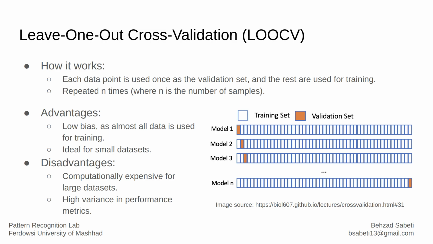This process is repeated n times, where n is the number of samples. The advantage of LOOCV is that it uses almost all the data for training, resulting in low bias. However, it's computationally expensive for large datasets and can have high variance in performance metrics. Here's a visual representation of LOOCV.